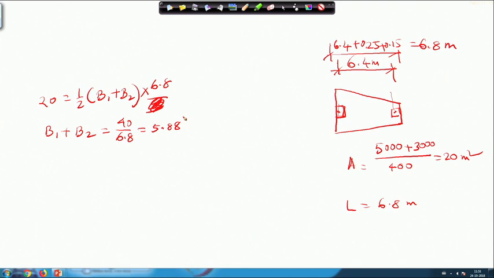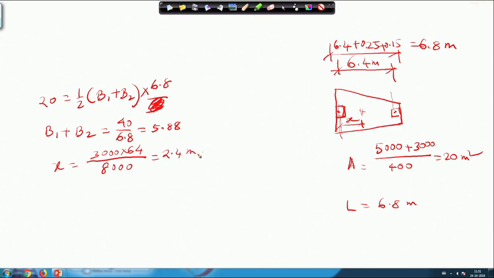And I can find out now x bar, that means the point of application from this point, this is x. So, this x will be equal to 3000 multiplied by 6.4, that means Q2 times L, divided by Q1 plus Q2, that means 8000, that gives you 2.4 meter.